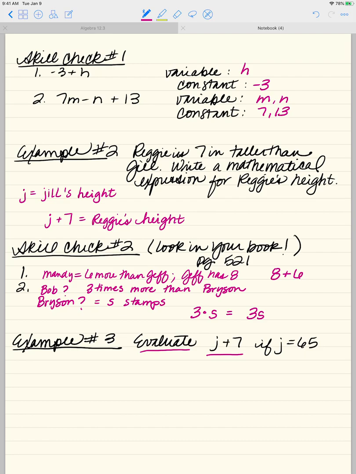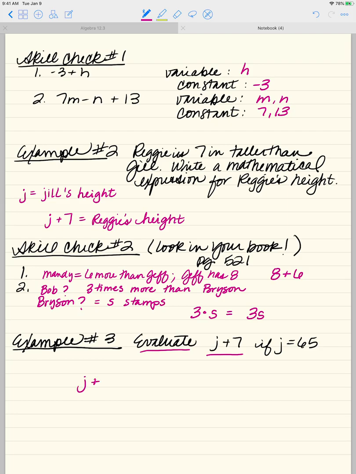What that means is you plug in or substitute the value for the variable into the expression to solve for it, okay? So example number 3 says evaluate j plus 7 if j is equal to 65.